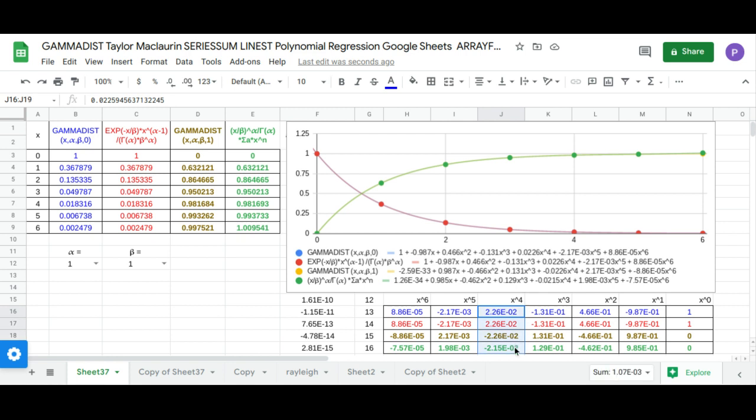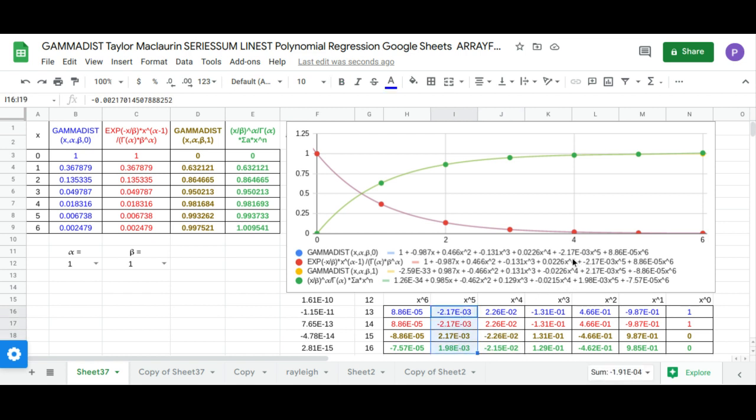X to the fourth. We have 0.0226, 0.0226. This is 0.0226. And this is 0.0226 negative and negative 0.0215 again, because it's an approximation up to 16th. There is a slight error. X to the fifth.